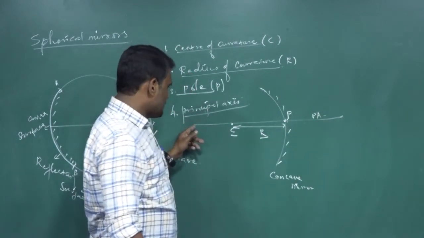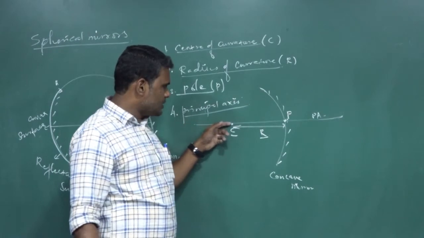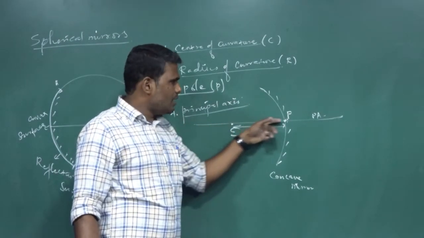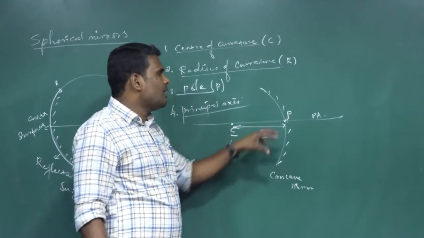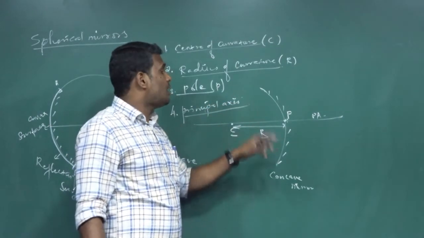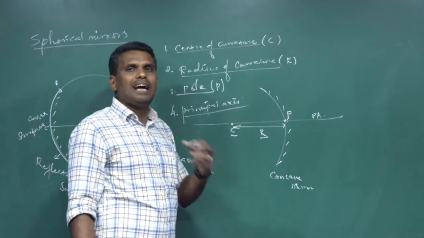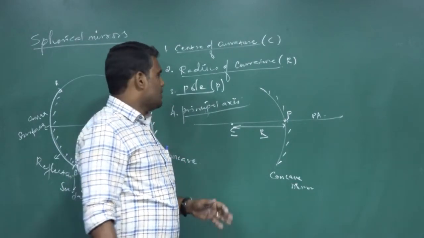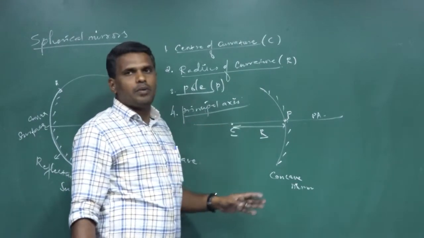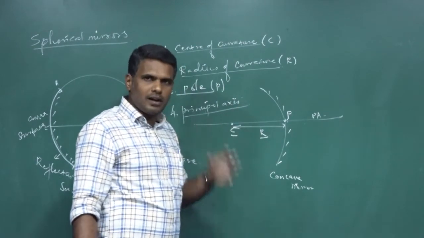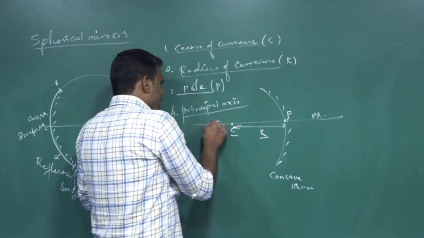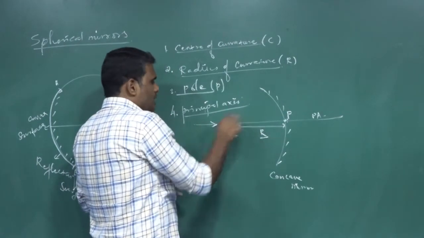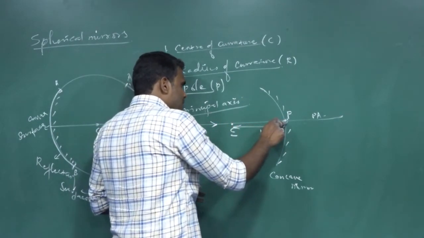A line passing through the center of curvature and the pole of the mirror is called the principal axis of the spherical mirror. Now consider a ray traveling along the principal axis.